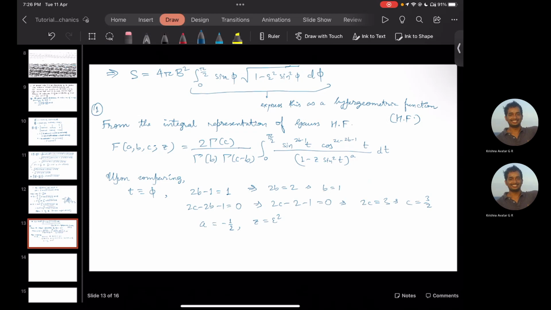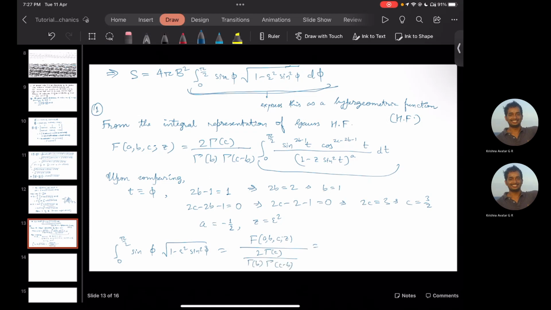So what we have here is that the integral from 0 to pi by 2 of sine phi root over 1 minus epsilon square sine square phi is equal to, since we were just matching this term and this term, to equate this we'll have F of a, b, c, z divided by 2 into gamma of c divided by gamma of b gamma of c minus b.